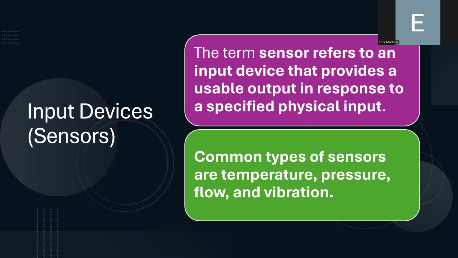What they have in common is that they respond to a physical quantity, a temperature change, a pressure change, a flow change in a fluid, or a vibration, and produce an electrical signal in response.